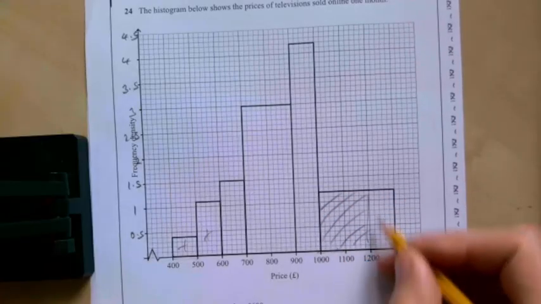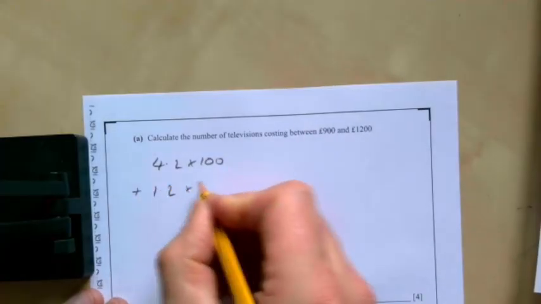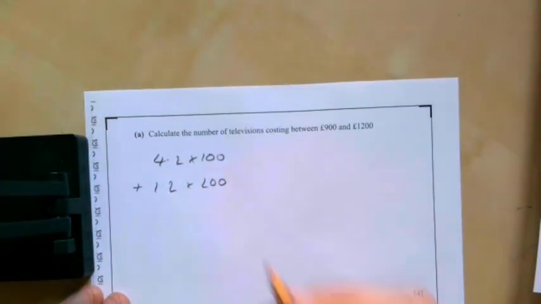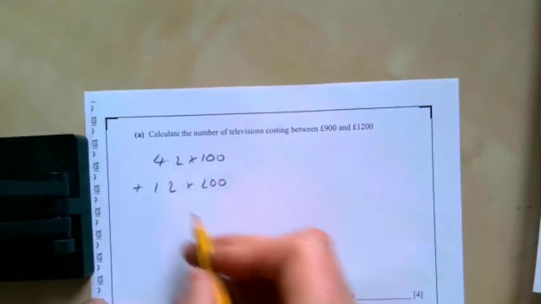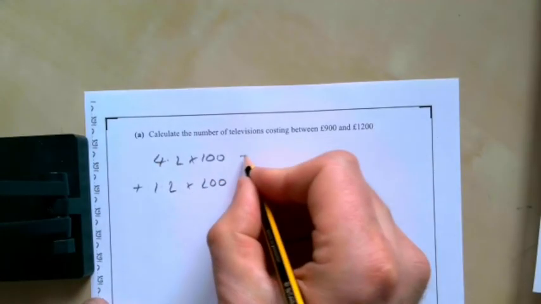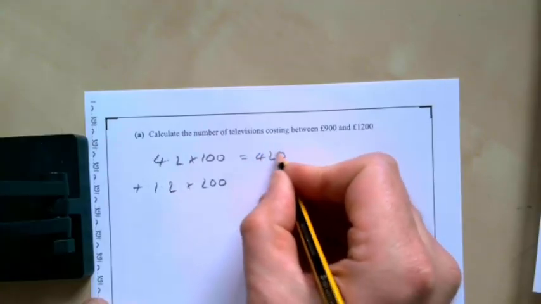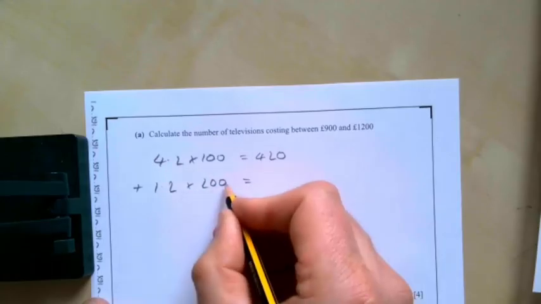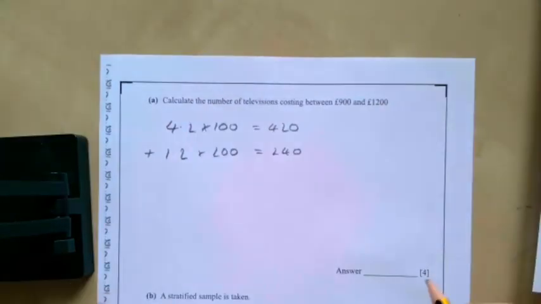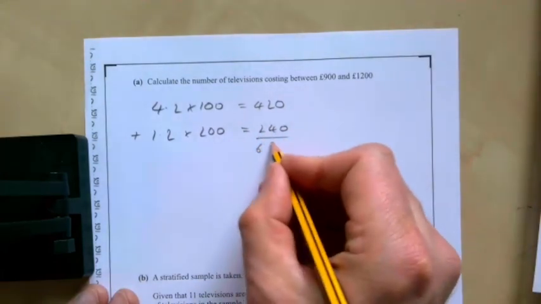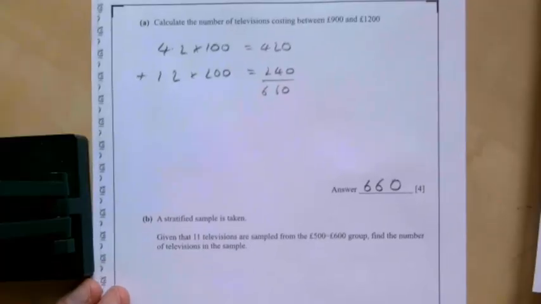So that's going to be 200 times 1.2. If you do your sums, 4.2 times 100 is going to be 420. 1.2 times 200 is going to be 240, isn't it? So the answer then would be 660. We end up with that.